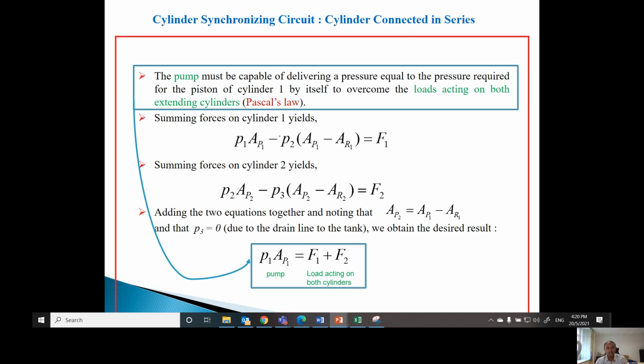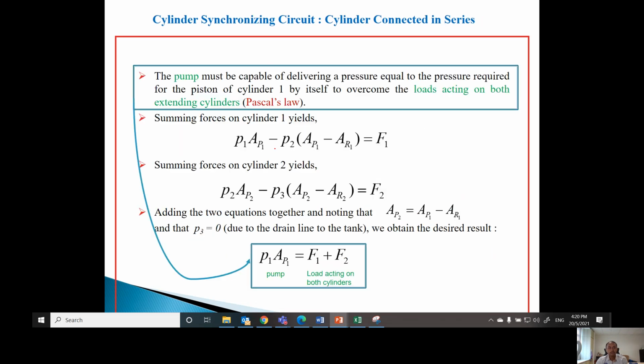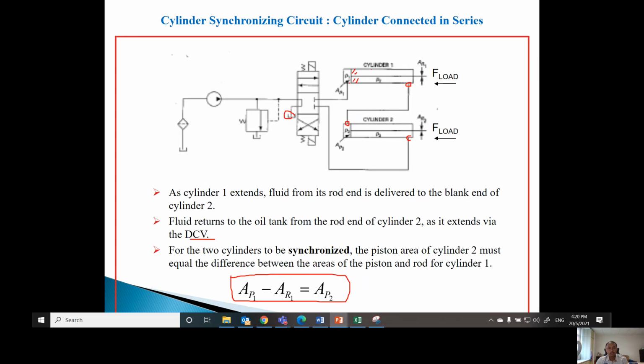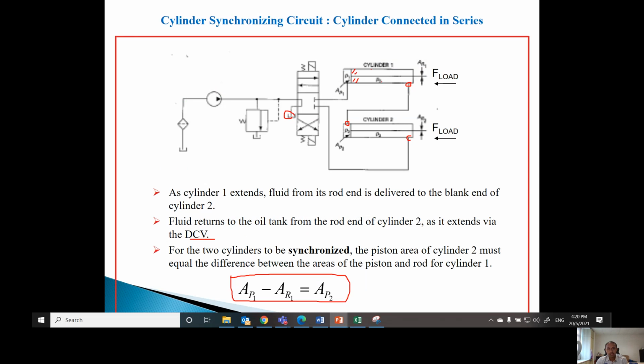So first, let's see. If we do a force summation on cylinder 1, the force summation is P1 AP1 minus P2 times AP1 minus AR1, equal to F1, the load.